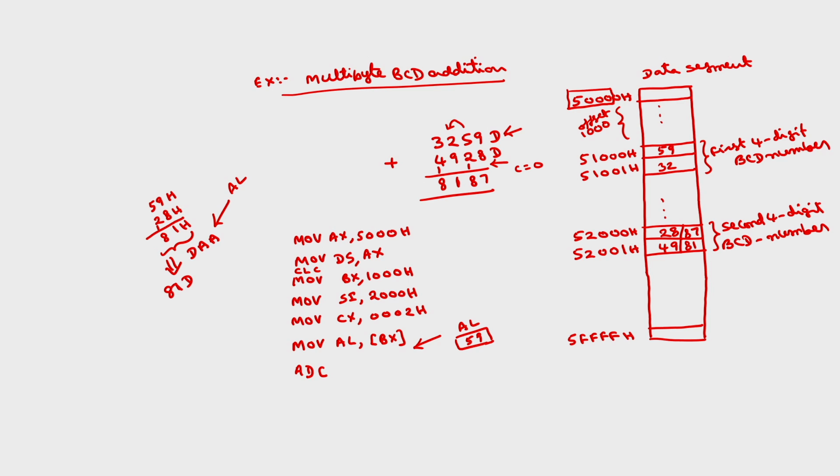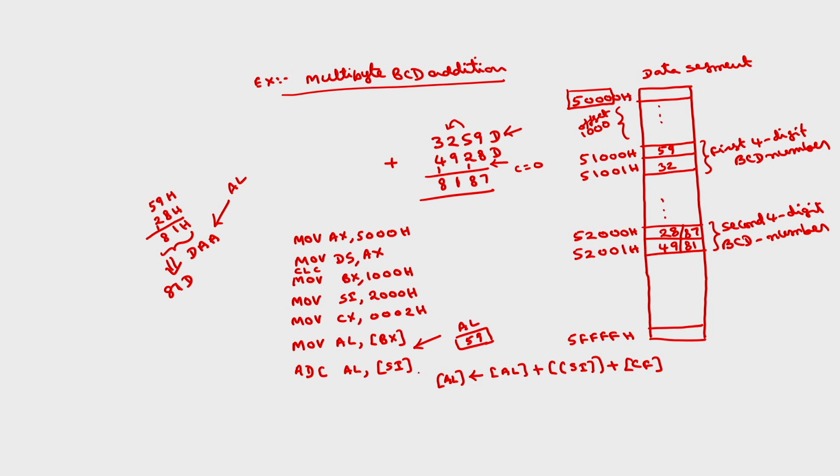So these two data, ADC AL, [SI]. What is the operation here? The contents of AL will be added with the contents of SI plus the carry flag status. These three will be added and the result is stored in AL. The contents of SI is 2000, and at offset 2000, 28 is there.